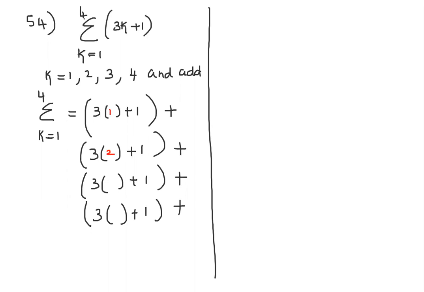So the answer is going to be 3 times 1 is 3 plus 1, plus 6 plus 1, plus 9 plus 1, plus 12 plus 1. So the answer is going to be 34.